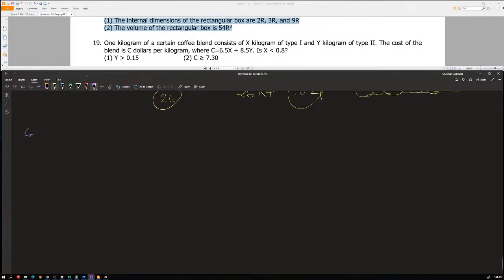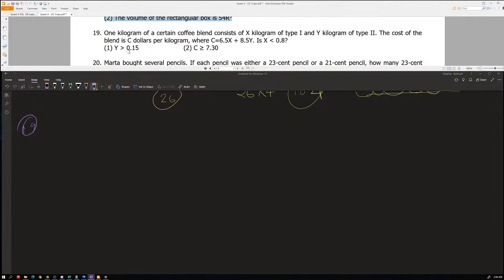Okay, what was this? Right. Question number 19 for you. 1 kilogram of a certain coffee blend consists of X kilograms of type 1. Okay, so there is a coffee which has X kilogram of type 1, Y kilogram of type 2.